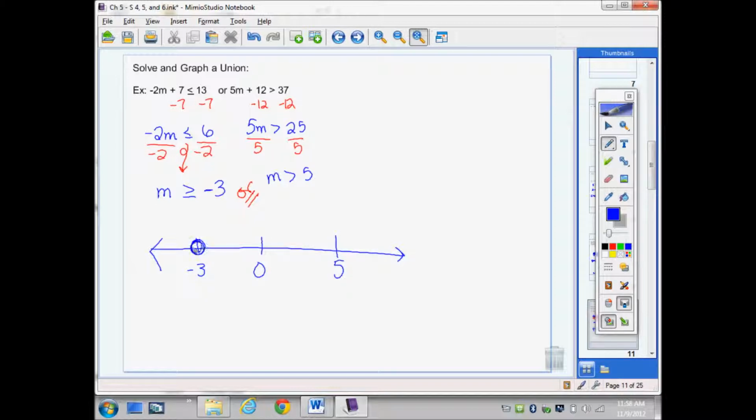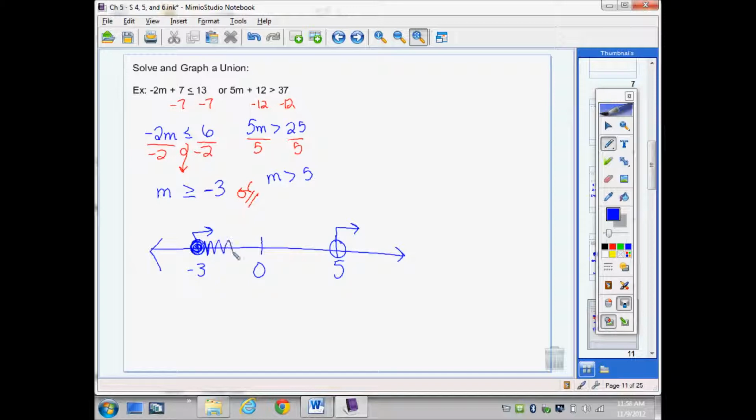Greater than or equal, so that goes this way. Greater than also goes that way. But it's an or, so we don't just do the overlap.